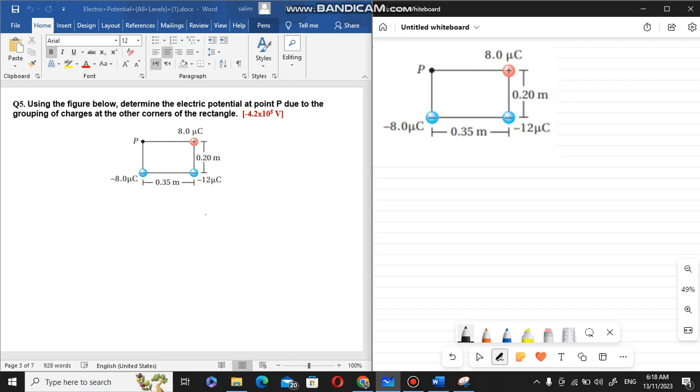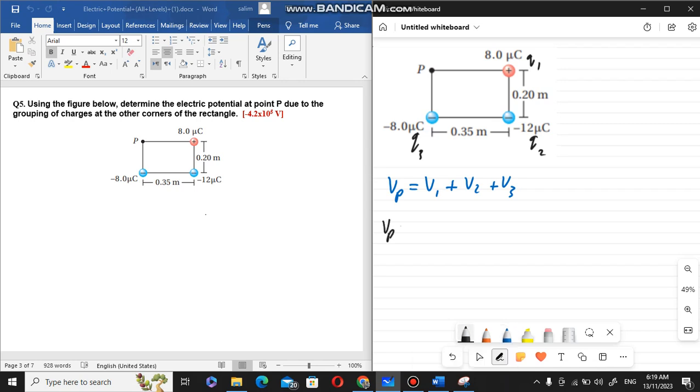So let's call each charge by a name. Let's call this one Q1, this one Q2, and this one Q3. So to find voltage at point P, we just need to find V1 and add it to V2, and then add it to V3. Simple as 1, 2, 3.